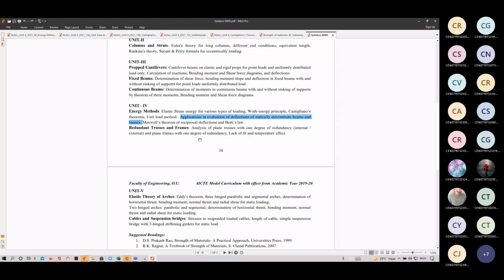Next important is redundant trusses and frames, of which even if you do trusses, that is sufficient. Mostly you get trusses problems only, not so much frames problems.